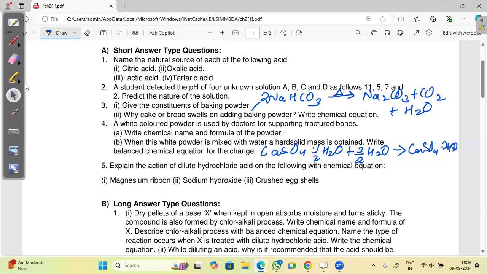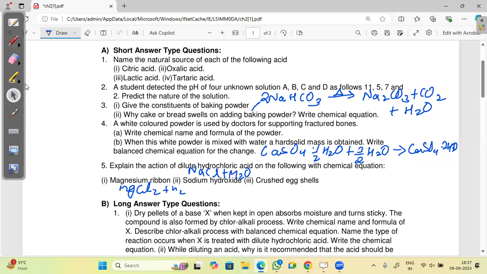Explain the action of dilute hydrochloric acid on the following with chemical equation. Magnesium chloride and hydrogen gas are evolved in the first one. So in the first one, you will have the formation of magnesium chloride, MgCl2, plus hydrogen gas. For the second one, sodium hydroxide, you get the salt NaCl plus H2O. Here you get the product as NaCl plus H2O.